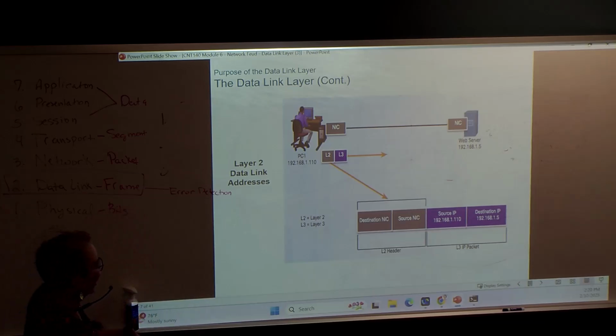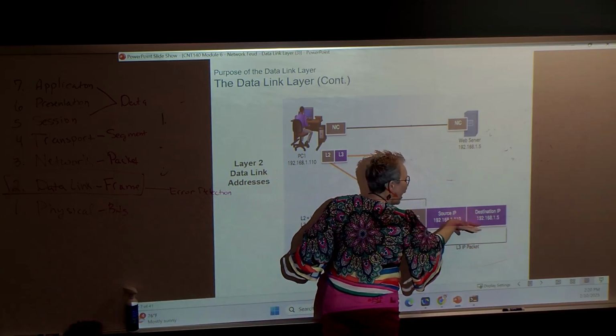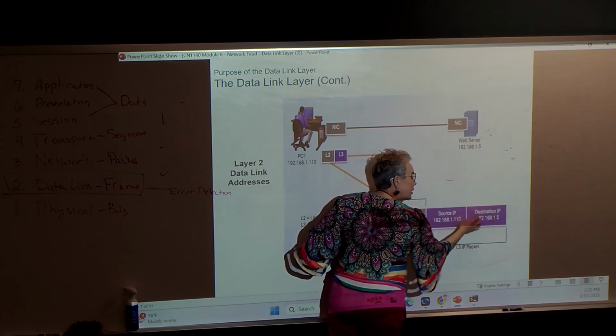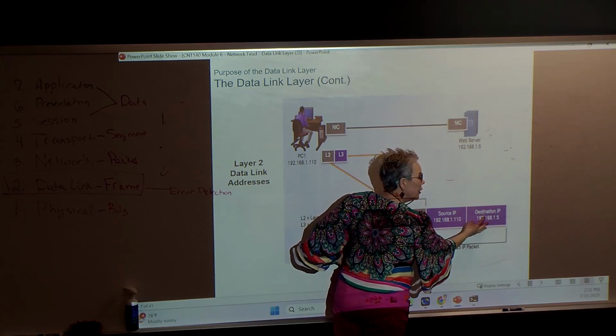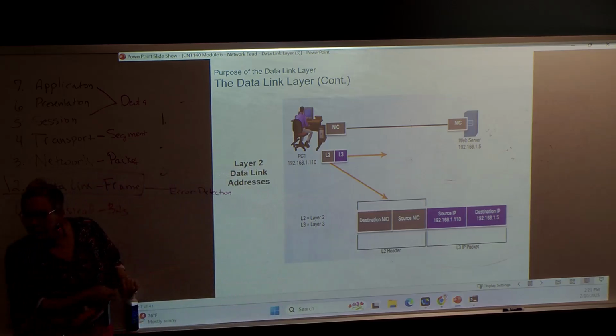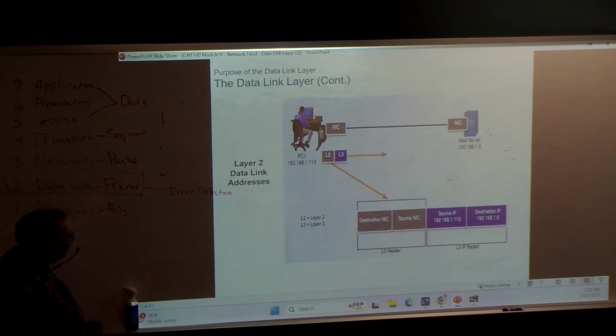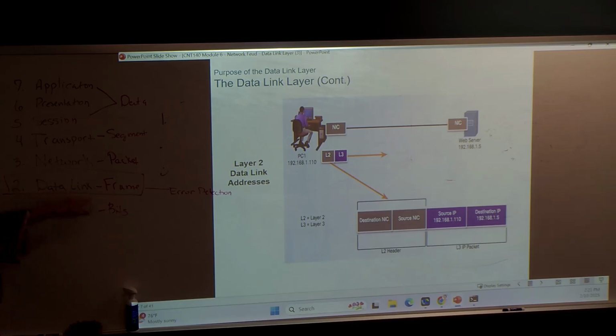The layer 3 IP packet is inside there. What's inside the layer 3 packet? The segment. What's inside the segment? The data. Got that? So we're going to be breaking down this frame in a little bit here.